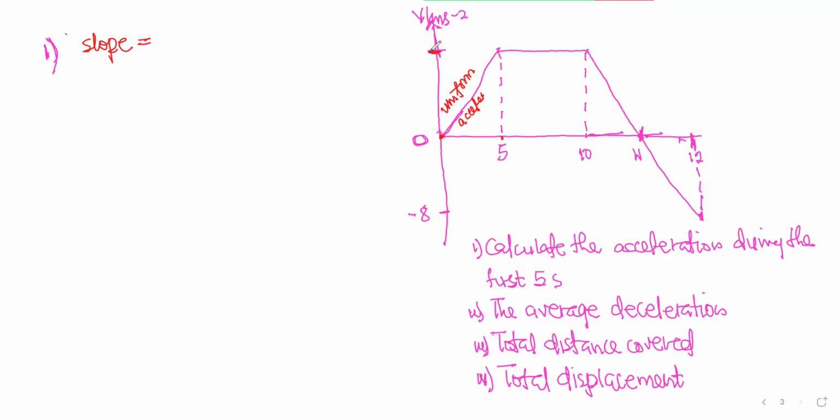Did I give values here? Yes, sir. What's the value? 20. Okay, so 20 minus 0 over a 5 second interval. So the acceleration will be 4 meters per second squared.